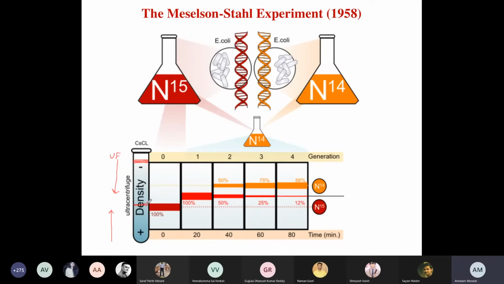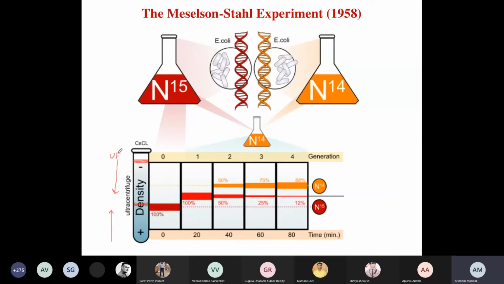So the DNA solution which you laid over at the top of the gradient at the beginning of the centrifugation, if you centrifuge it for a certain period of time, for example maybe 4 to 5 hours, it will penetrate through the gradient.